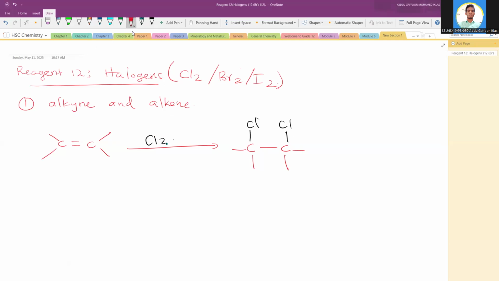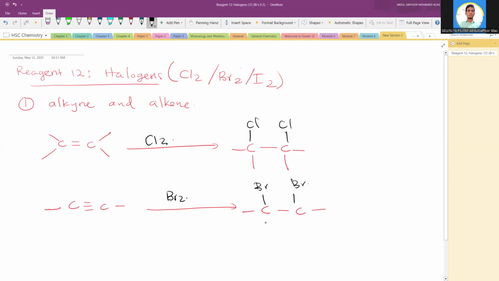And let's say we have a triple bond, C triple bond C, and we put Br2. Both pi bonds will break and in their place we add Br. So we will have Br and Br here, and Br and Br here.